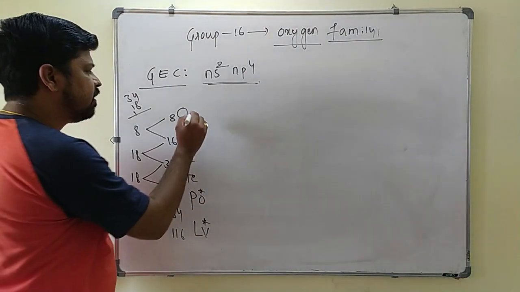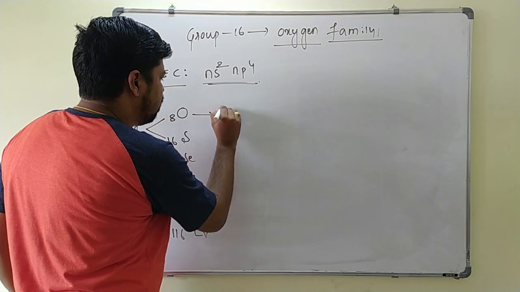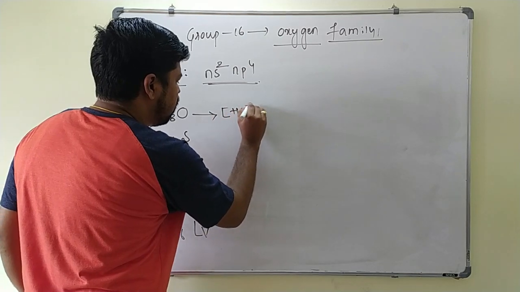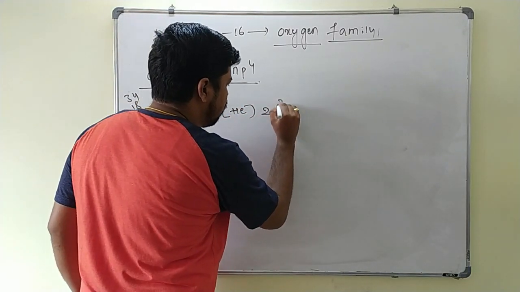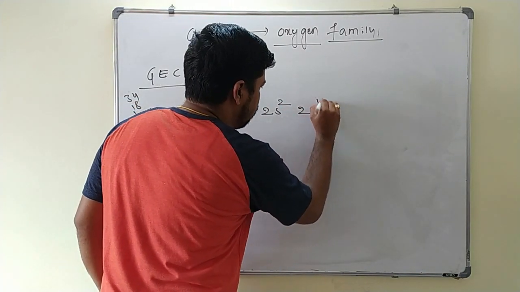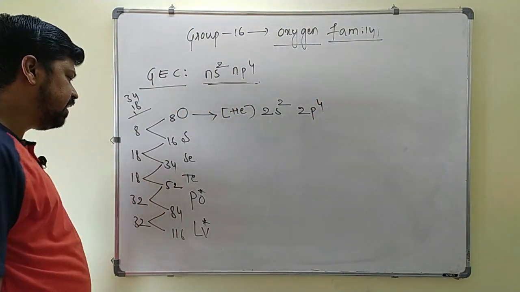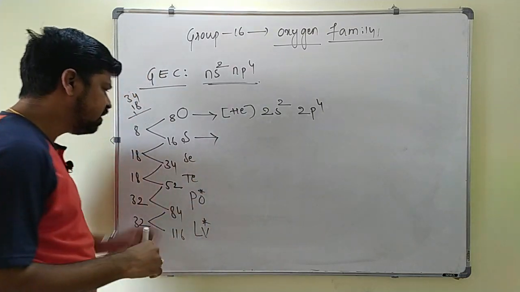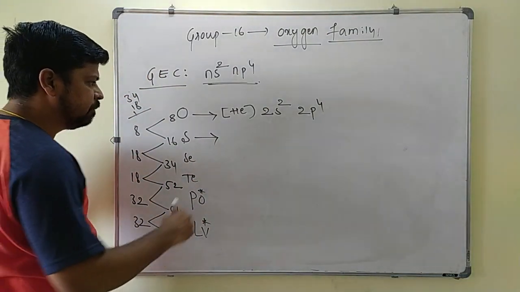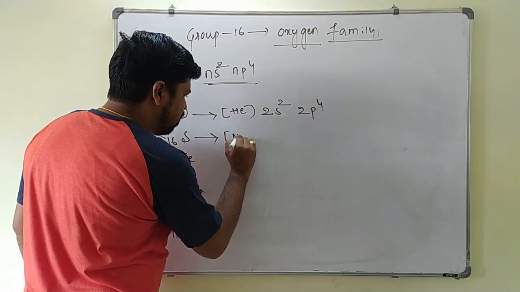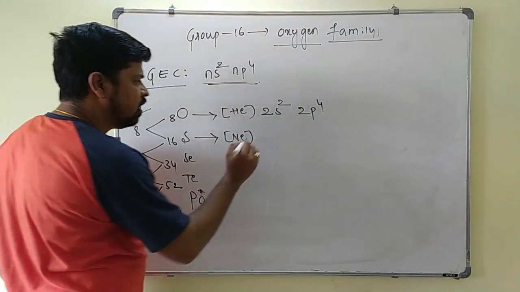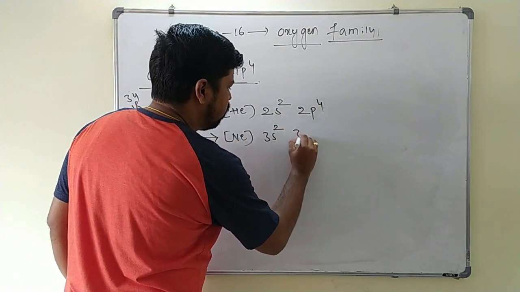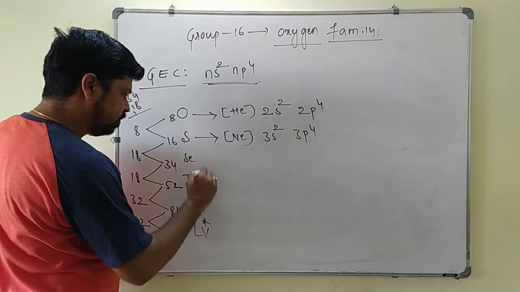I will write the electronic configuration. First one, it is helium 2s2 2p4, 8 electrons are done here. Atomic number is 8. This is 16. First you write the noble gas configuration, that is neon, up to neon is 10 done here. So 3s2 3p4.